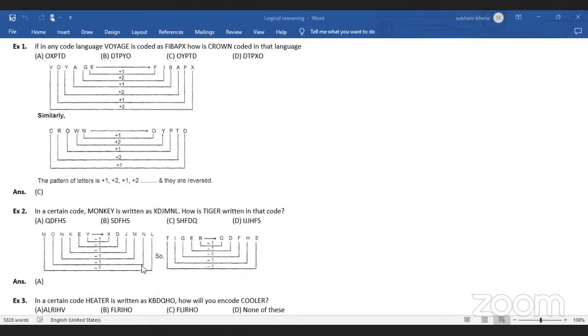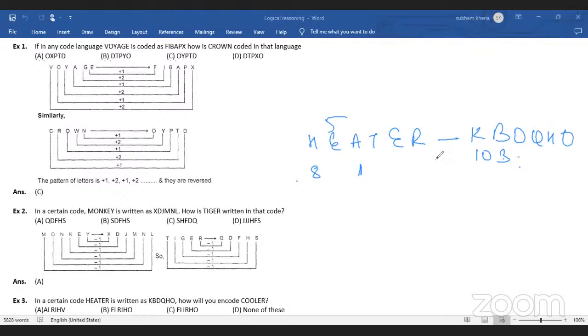Okay, see, Venkat is solving so fast. The logic is plus 2 and minus 2. Let's see. Heater is written as K B D Q H O. Look, 8 10 5 3. 8 plus 2 is 10, 5 minus 2 is 3. Wait, this is 11, sorry.